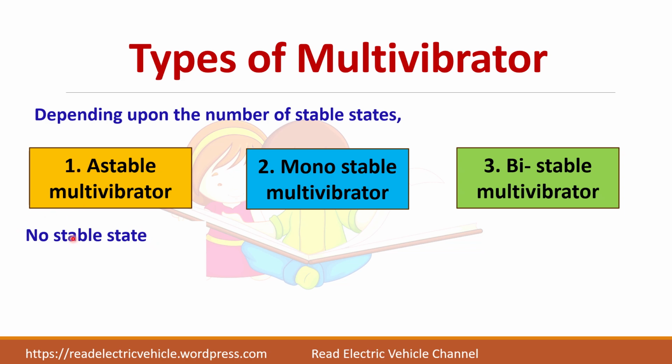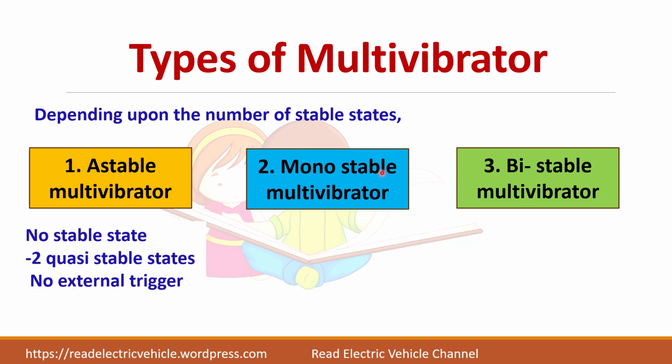Two quasi-stable states are there in astable multivibrator. So no need of any external trigger because we know a quasi-stable state can change automatically after a specified period. So here you need not give any external trigger pulse.